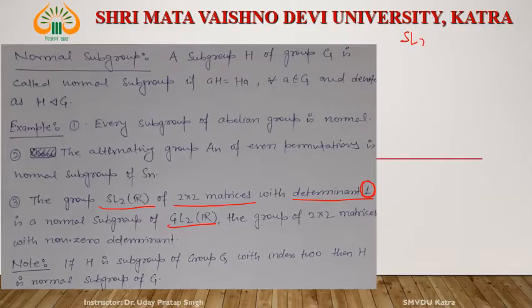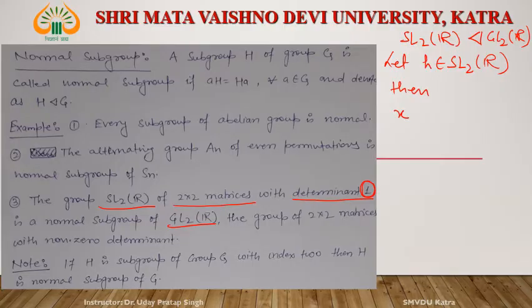SL2R is a normal subgroup of GL2R. Why? Let small h belong to SL2R. Then what is the condition? X h X inverse, right?